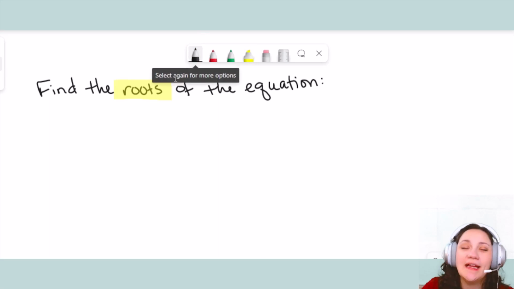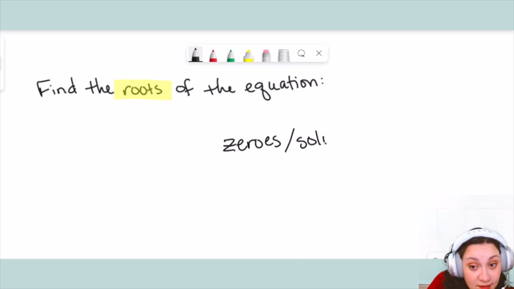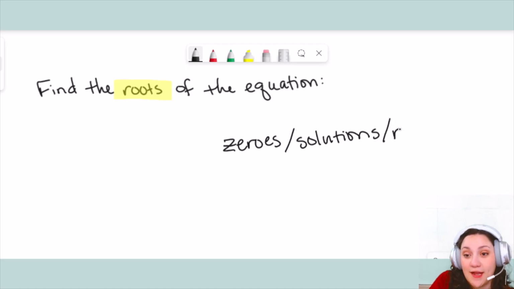So remember in our previous lesson, I told you that especially with quadratics, sometimes we have many different words for the same thing. So remember, we've been calling these solutions, we've called them zeros. And we've also called them solutions, which they are solutions. And here is another word that we can use, and that is roots.